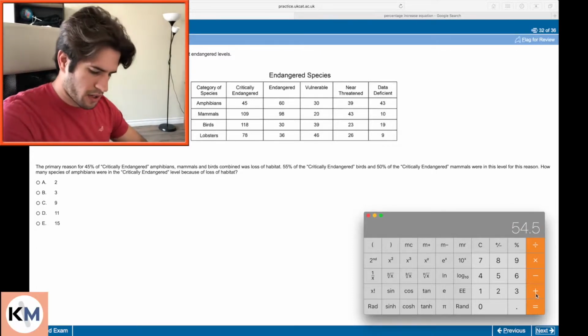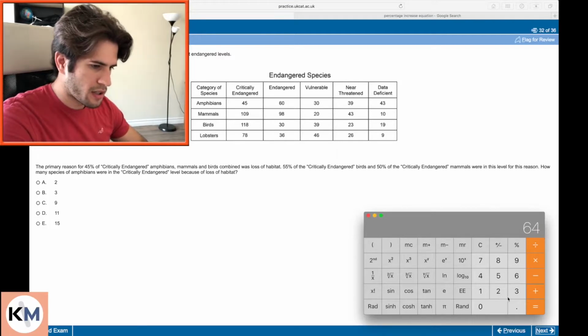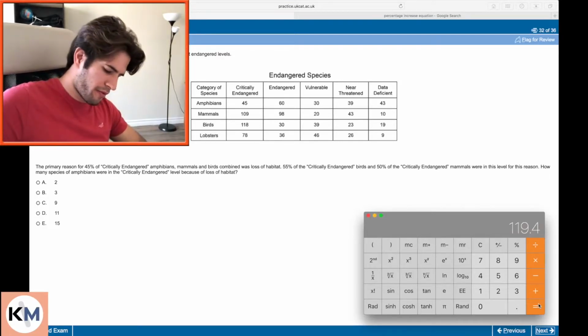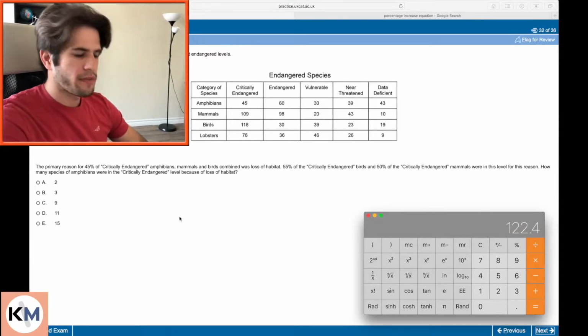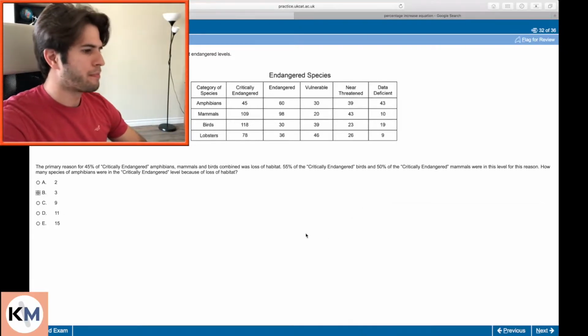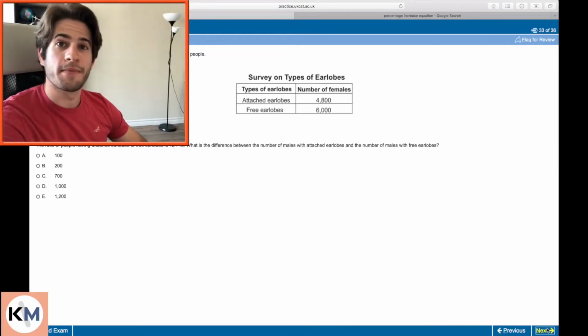This gives us a total here of 54.5 plus 64.9 is 119.4. So 122.4 minus 119.4, that's 3. Boom, B, 3. Done.